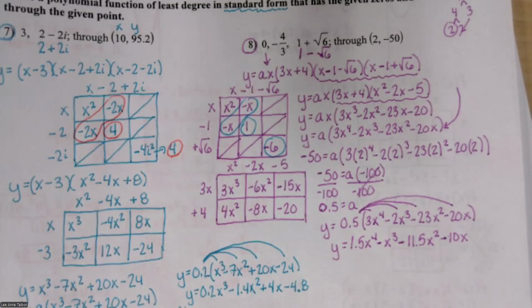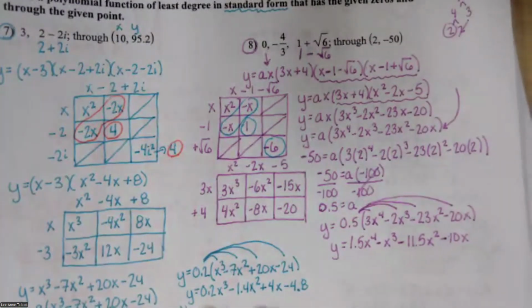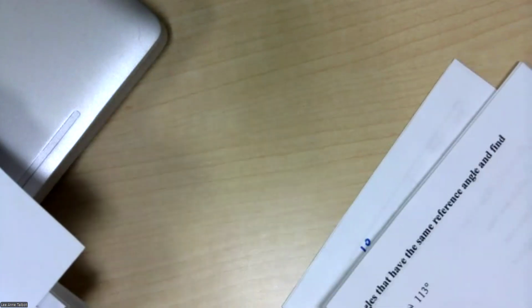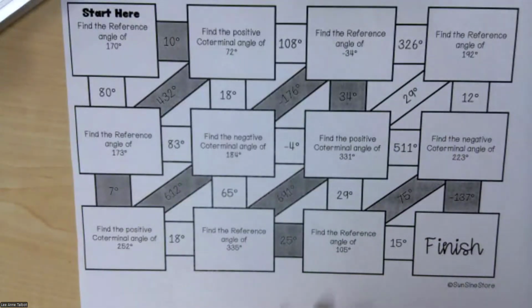Okay, we are using 2 resource pages in this packet today. If you could find the one that says 9.1.4a. Both of them are very quick. Oh, actually, before that, can you find your maze? I know this is weirdly timed, but take a look at your maze. Here is the maze key.